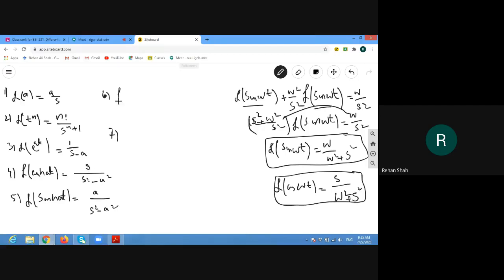And what is the Laplace transform of cos omega t, and the Laplace transform of sine omega t?